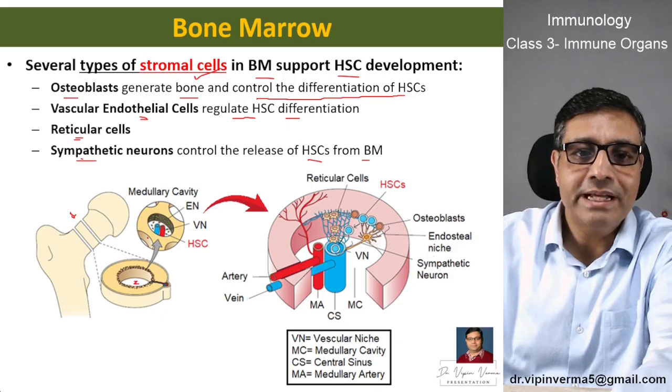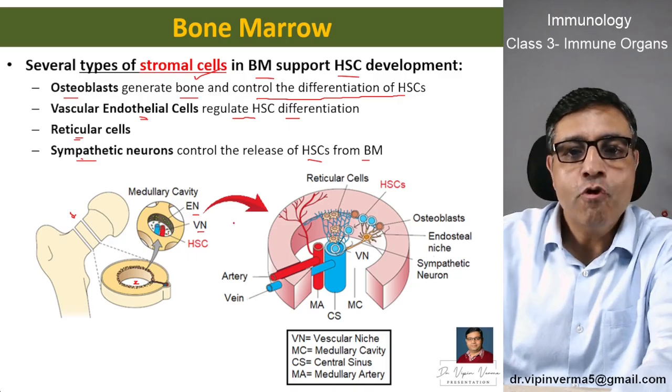In the medullary cavity you have the endosteal niche and the vascular or perivascular niche, and then you have a number of hematopoietic stem cells. Now you can see the blood vessels, one red and one blue. The red blood vessel is an artery and the blue blood vessel is a vein.